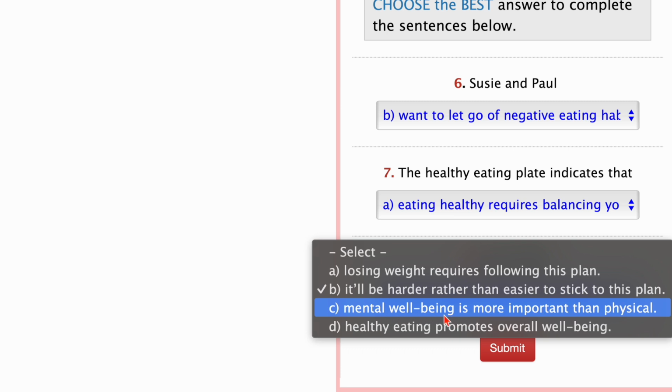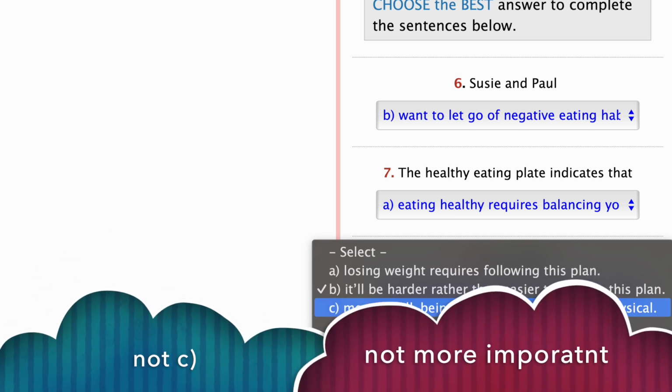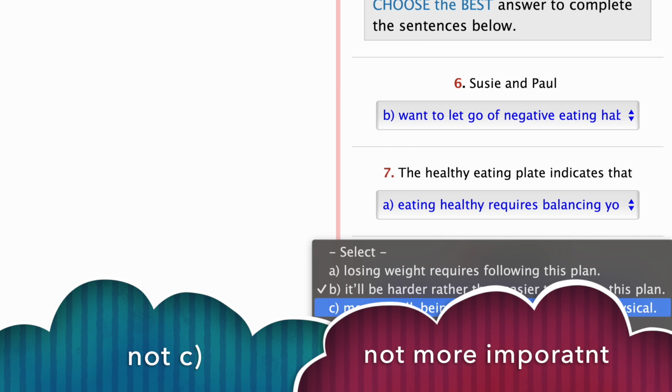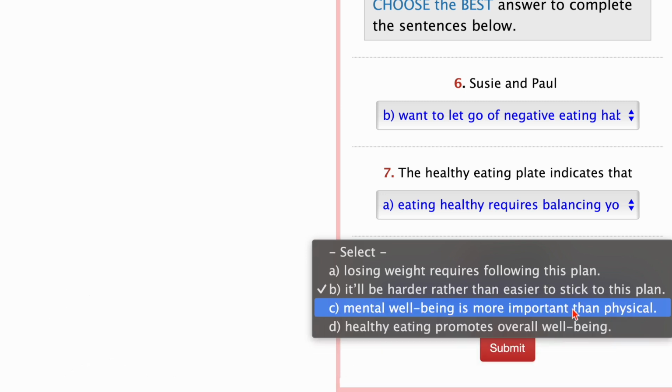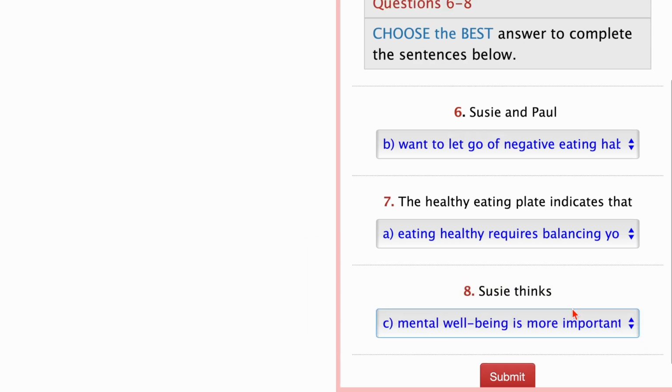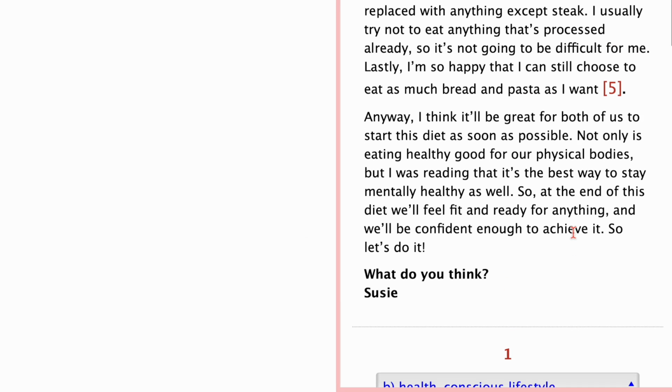She didn't say mental well being is more important than physical health. Okay, she said both, eating or following this plan is the best way to stay mentally healthy as well, also.